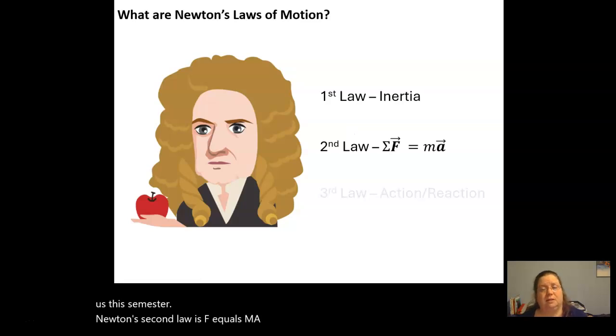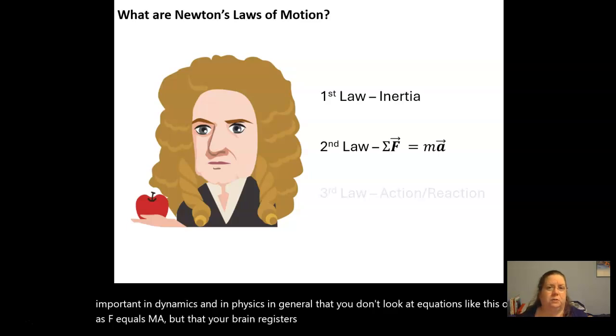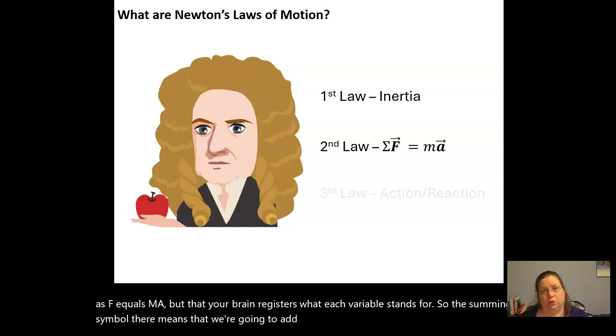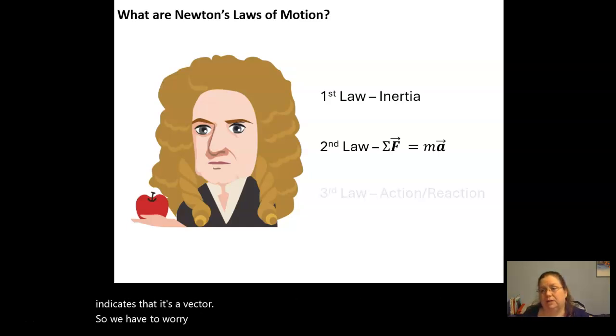So force is equal to mass times acceleration. It's really important in dynamics and in physics in general that you don't look at equations like this one as F equals ma, but that your brain registers what each variable stands for. So the summing symbol there means that we're going to add up all of the forces. The little arrow above the F indicates that it's a vector, so we have to worry about magnitude and direction.